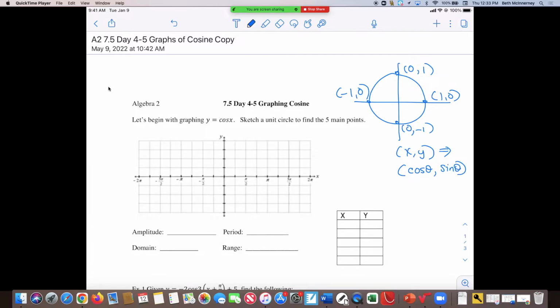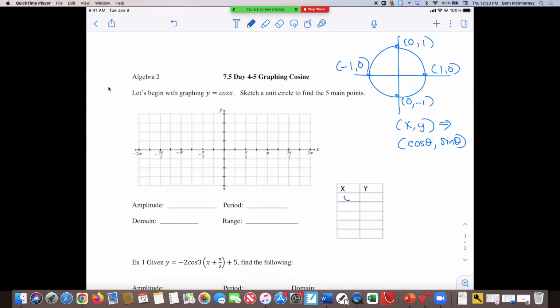So when I'm ready to sketch this, I start with the quadrantal x values, which are 0, pi over 2, pi, 3 pi over 2, and 2 pi. Then I'm going to go around the circle, and I'm going to list the x coordinates.